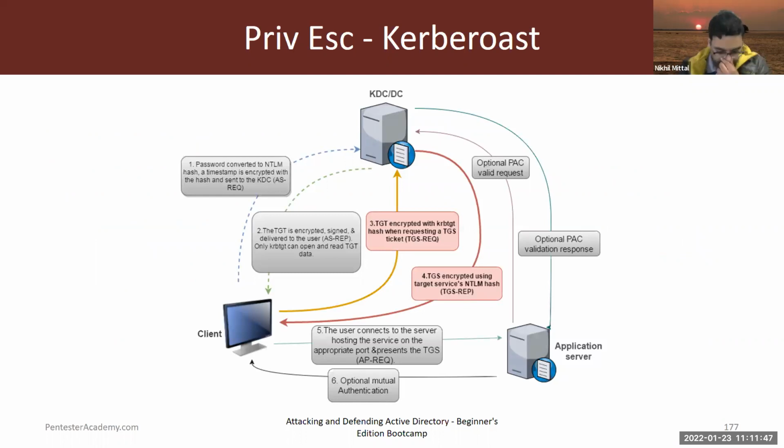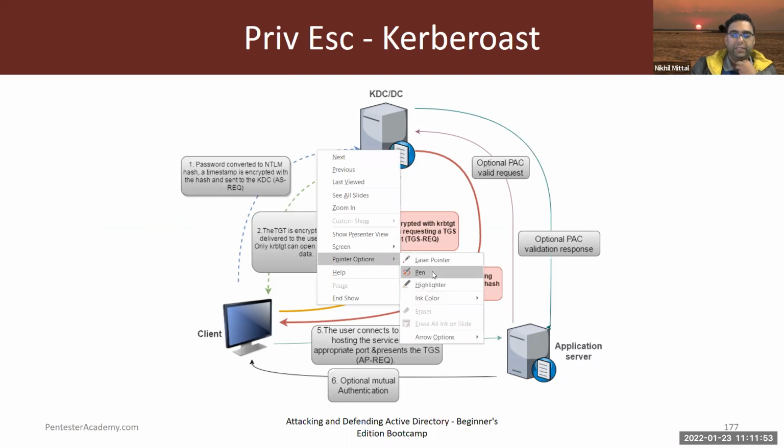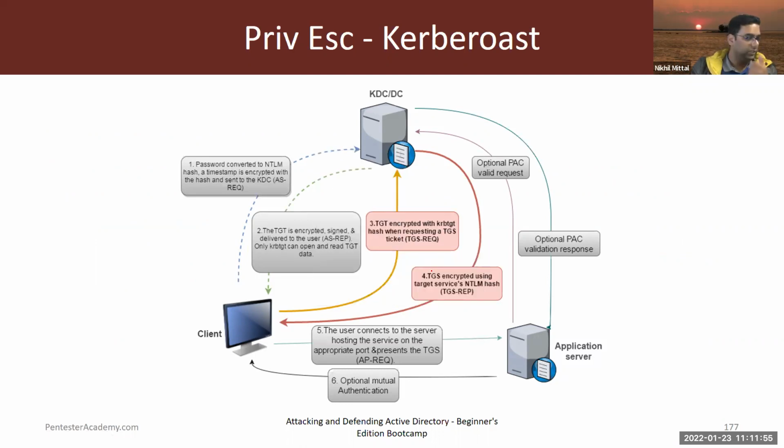So what is Kerberoasting? Recall our diagram on how Kerberos works. As I said, we'll keep coming back to this diagram, and here we are, back to this diagram. So what happened in step 4 was, when we presented the TGT to the DC and requested a TGS or a service ticket, the DC responded with a TGS.